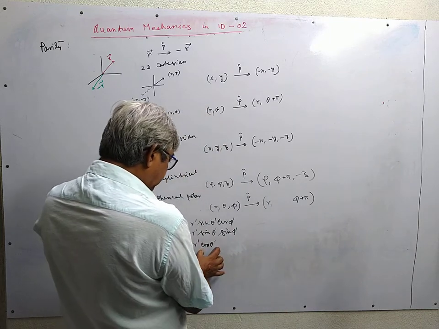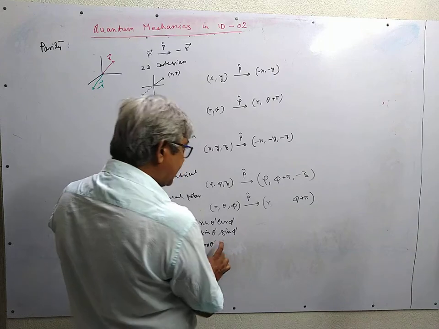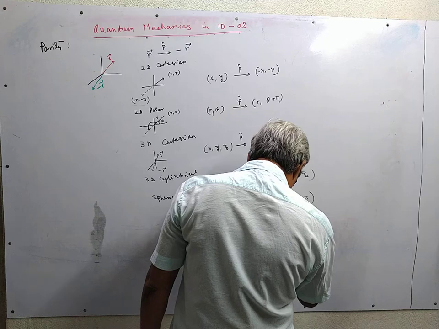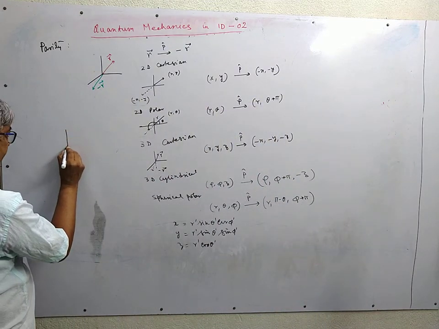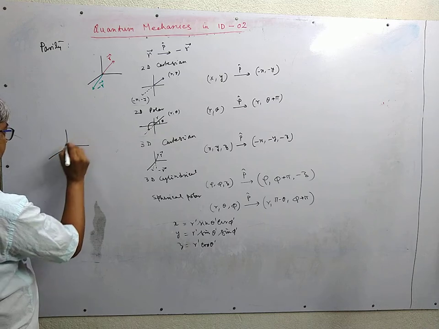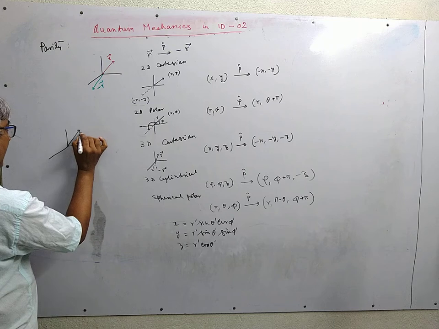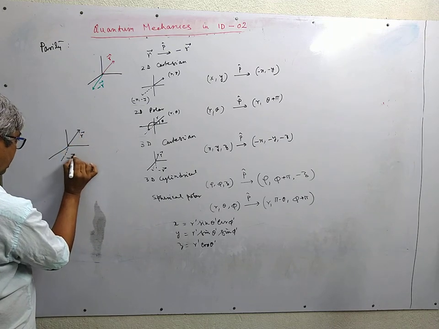On the other hand, cos theta prime must change its sign, so it should lie in the second quadrant. From this we write it as pi minus theta. Let me check it physically. This is the position vector r, and this is minus r.